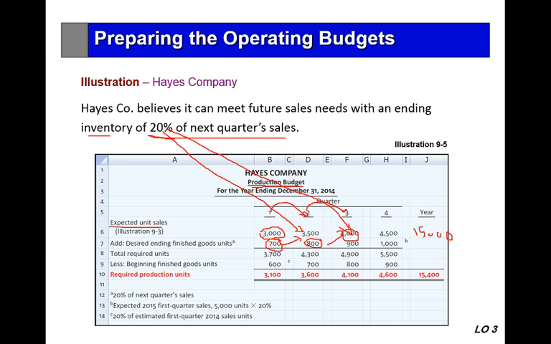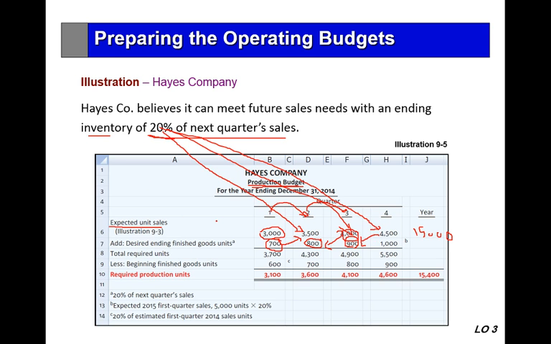And 900 is the same: 20% multiplied by next quarter expected sales, which is 4,500, equals 900 units.